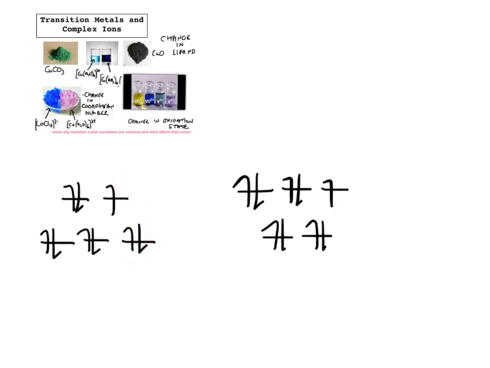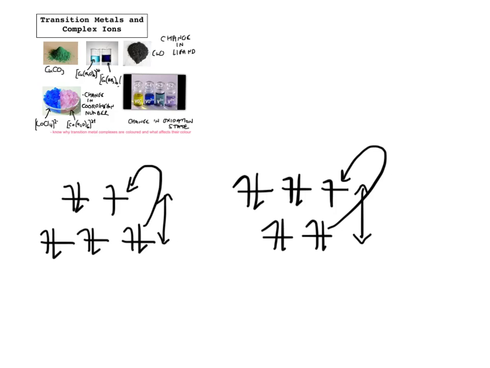Now, the complex would have to absorb energy in order for the electron to be excited. And it just so happens that the energy gap between the upper and lower d orbitals equals that of visible light. So visible light will be absorbed so that the electron can be excited up to the vacant d orbital, and the light that is not absorbed is the colour that you see.